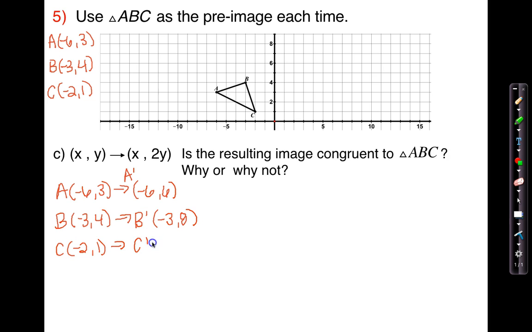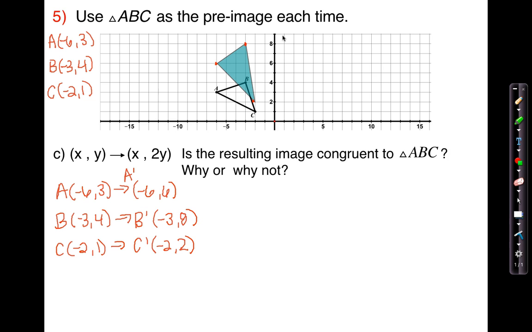So here C prime is going to be x is the same, but y gets doubled. So these are my new ordered pairs. Now watch, I will go ahead and show you what it's going to look like once I plot it. Negative 6 comma 6, negative 2 comma 2, and negative 3 comma 8. You're going to end up with that shape.